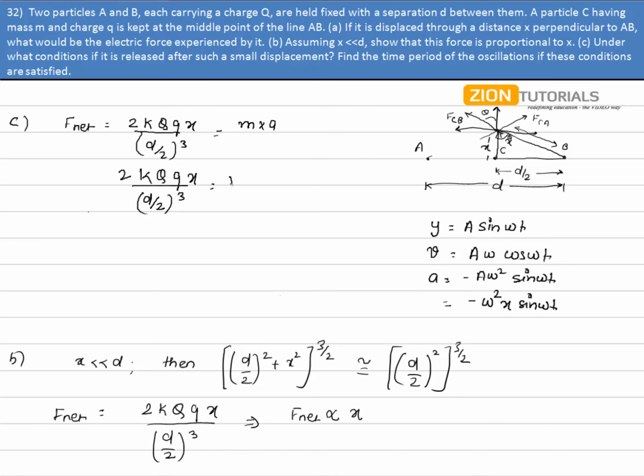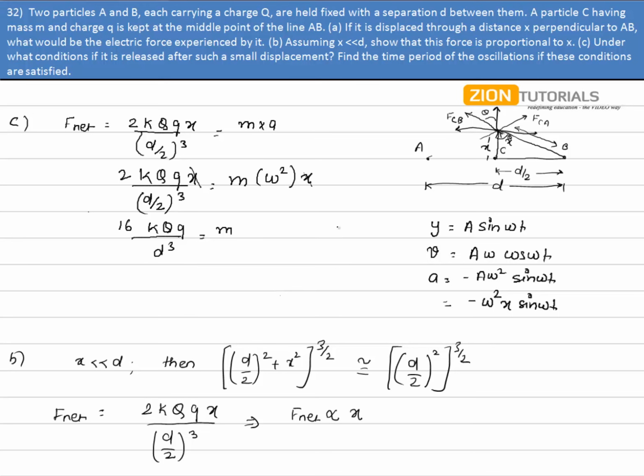That will be equal to mass into acceleration, and the acceleration as we calculated will be omega square into x. Now solving this equation for omega, first of all we get x cancelled from both the sides. We have 16 K capital Q into small q divided by d cube is equal to mass.